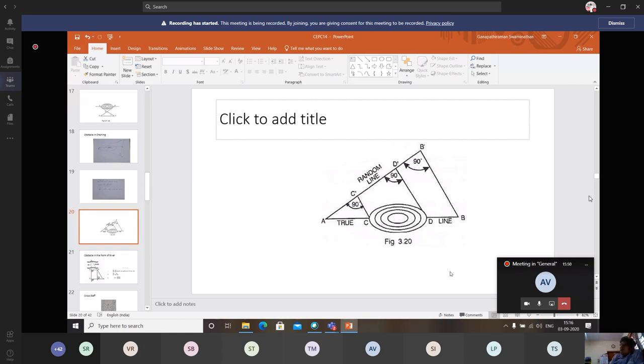Suppose you, what is the landmark of Tiruchirappalli? A famous landmark. Srirangam temple. Not Srirangam. Rockfort. Yes, the Rockfort is the prominent landmark.